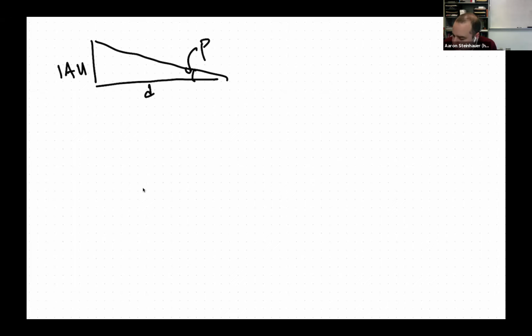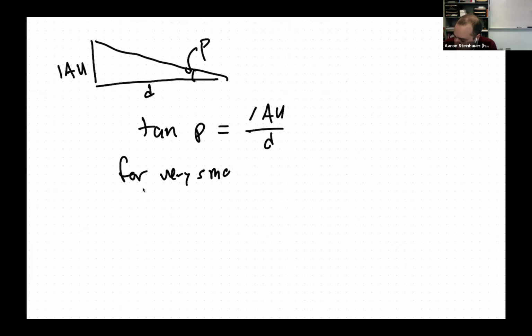So tan of P is 1 AU over D. For very small P, we know that tan P is about equal to P, and this is an extremely good approximation.